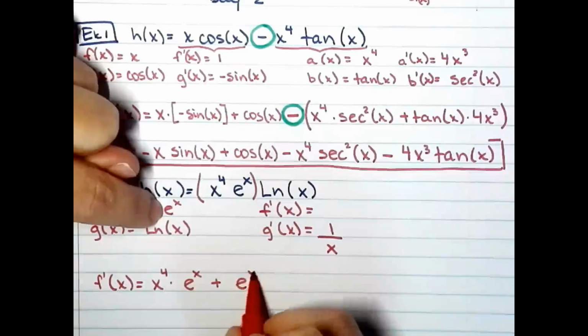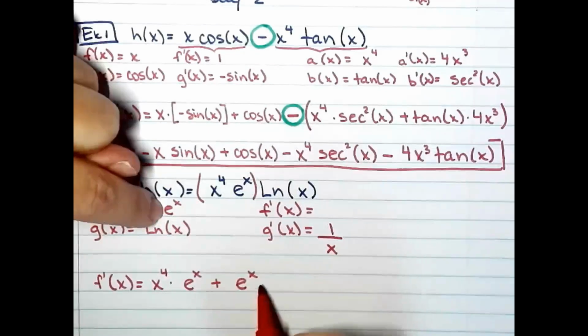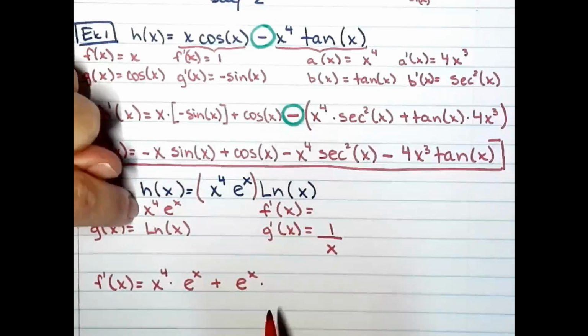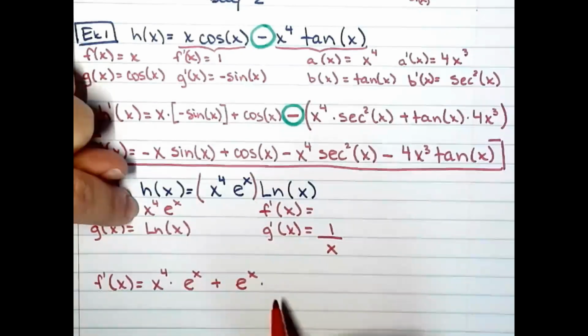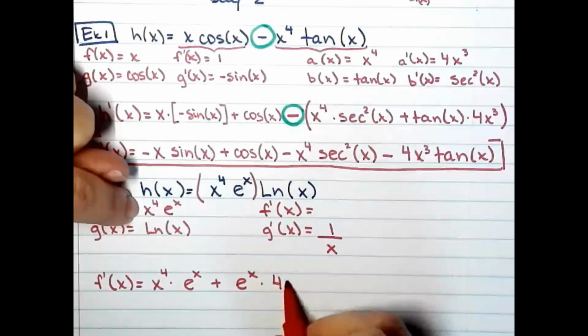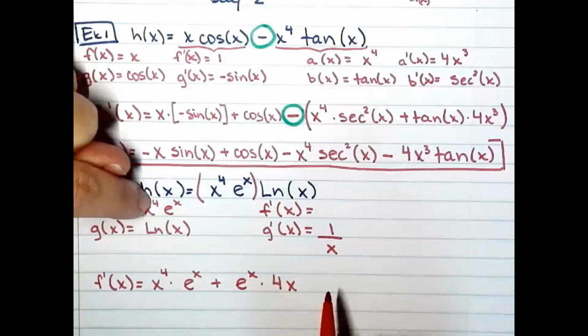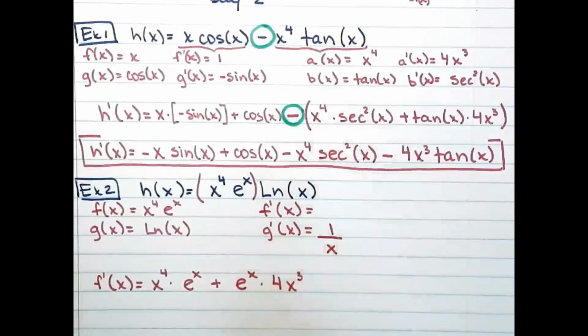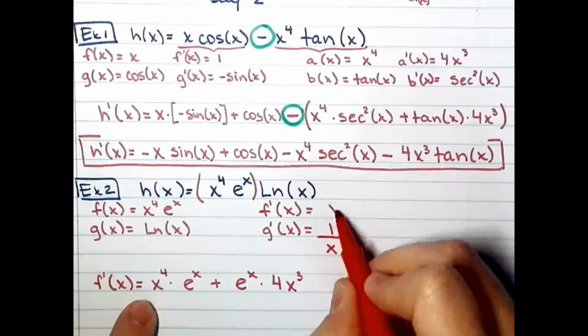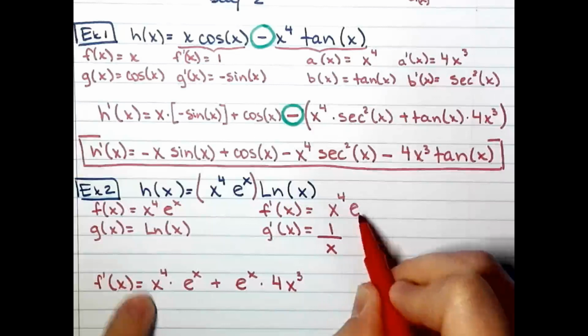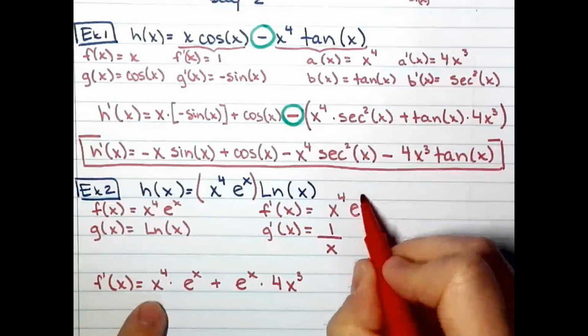G is e to the x power, times the derivative of x to the 4th power. So 4 goes in the front, and then x, and you subtract 1 from the exponent, so 3. And this goes right there. I'm just going to rewrite this looking a little better. So this is the derivative of my f of x function right there.